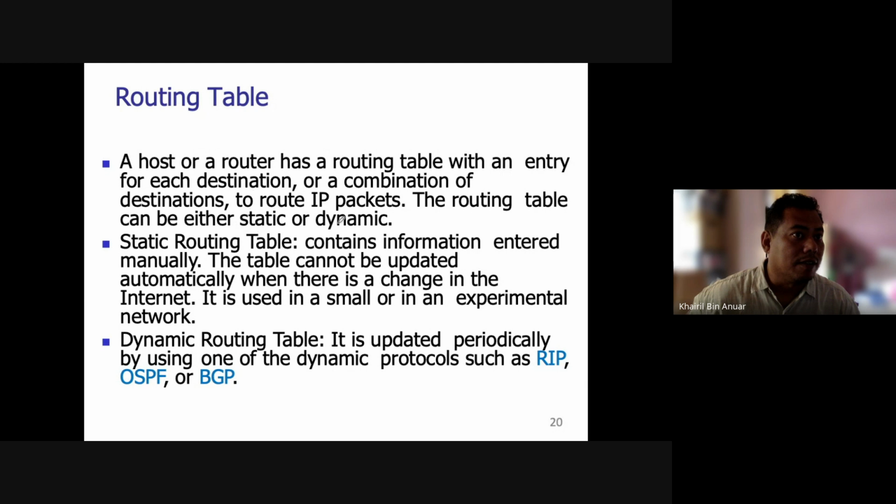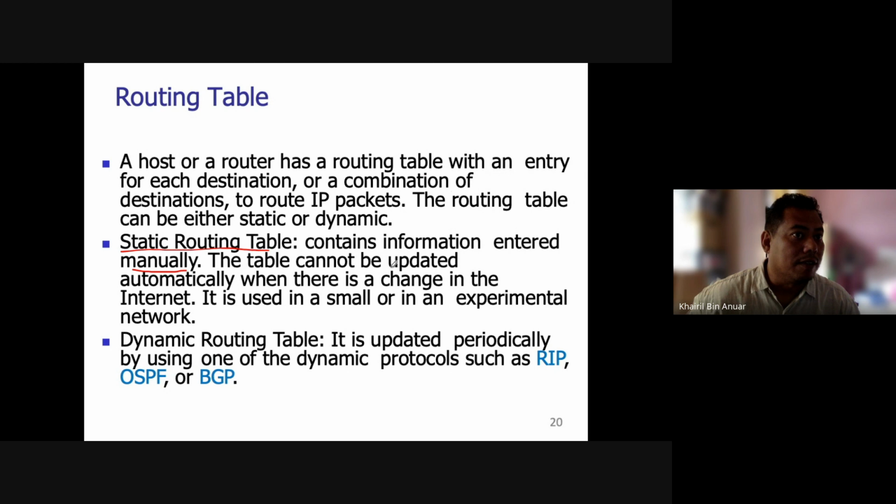Dynamic is defined by RIP, where you use the initial R, OSPF is O, BGP is B, for instance. A static routing table contains information entered manually. You can manage it manually, but if you are unable to make changes that need to be updated as soon as possible, then you'll be doomed.